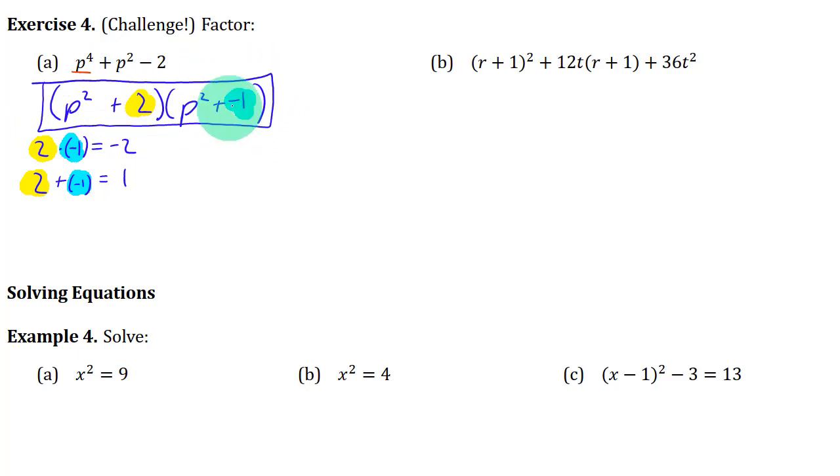But p squared minus 1, I'm just going to rewrite this as minus 1 here. P squared minus 1 can be factored, because what happens if you have something that looks like a squared minus b squared? Because p squared is p squared, 1 is 1 squared.